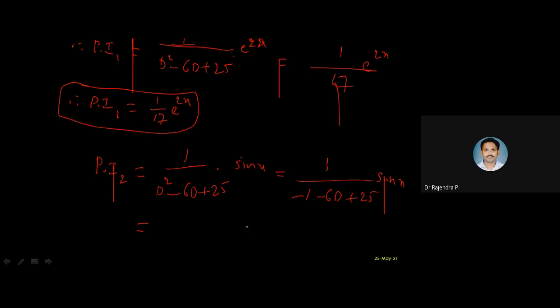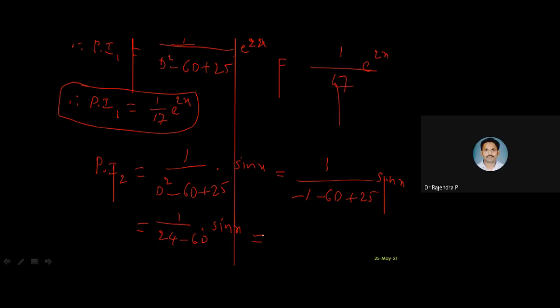So we can write this as you wish: 1 by 24 minus 6D into sin x. Still D is there in the denominator. How can we remove that?